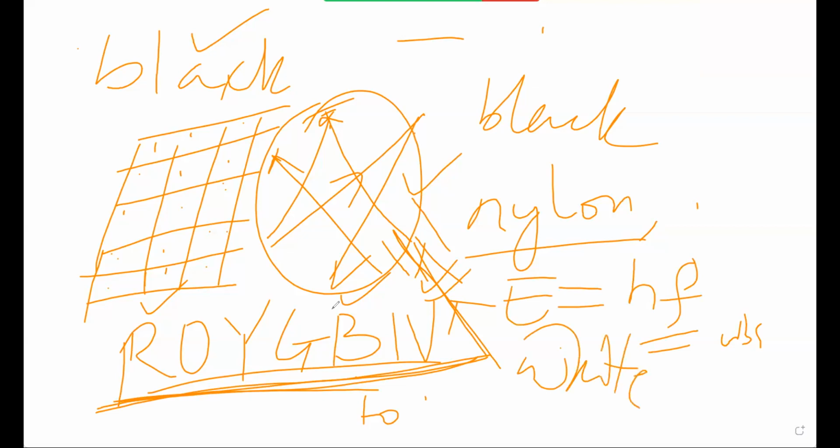When we mix all these colors together, we should have white. But we can separate them and have red, orange, yellow, green, blue, indigo, and violet. So it means that the frequency of the energy radiated depends on the color. Is it clear there?